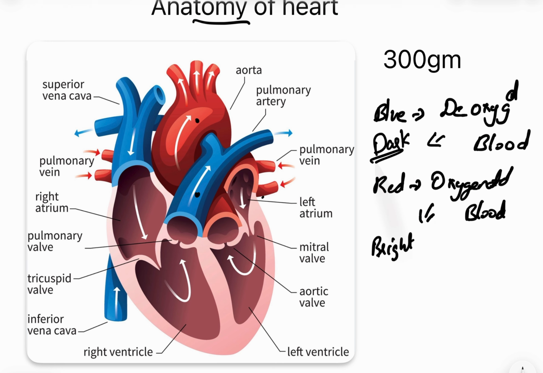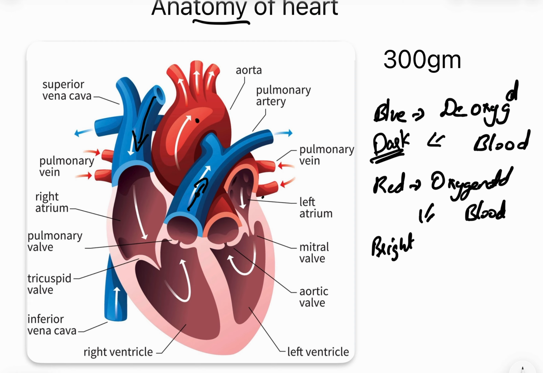This is what the book says, dark red and bright red. Obviously we all know the color of the blood is red. But why is it given in two different colors? It is for our easy understanding, to know that the blood flowing through this vessel and this vessel is deoxygenated, the blood which lacks oxygen, which doesn't have much oxygen. So that is the two colors mentioned here.